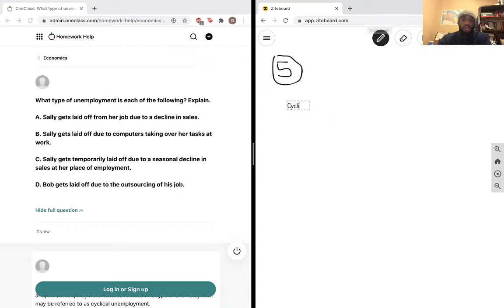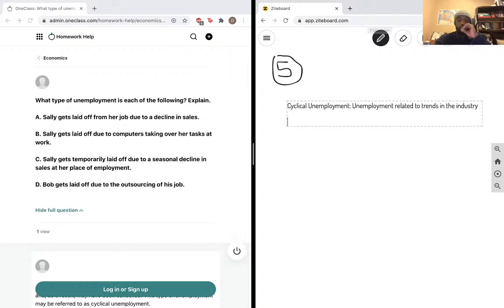There's cyclical unemployment, which is basically unemployment related to trends in the industry. Then we have structural unemployment.